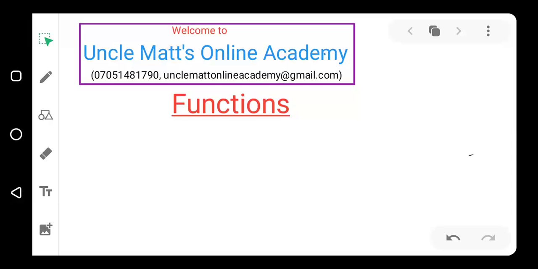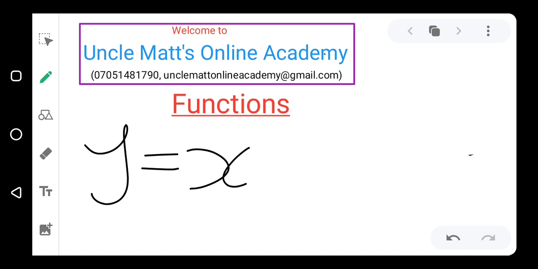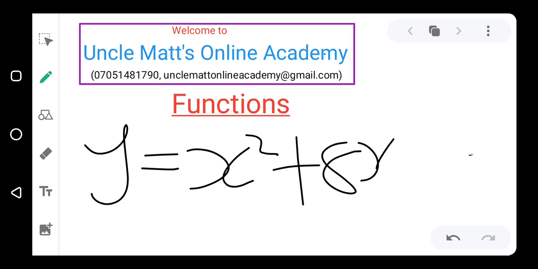So let's start with the first question given there: y equals x squared plus 8x plus 4.